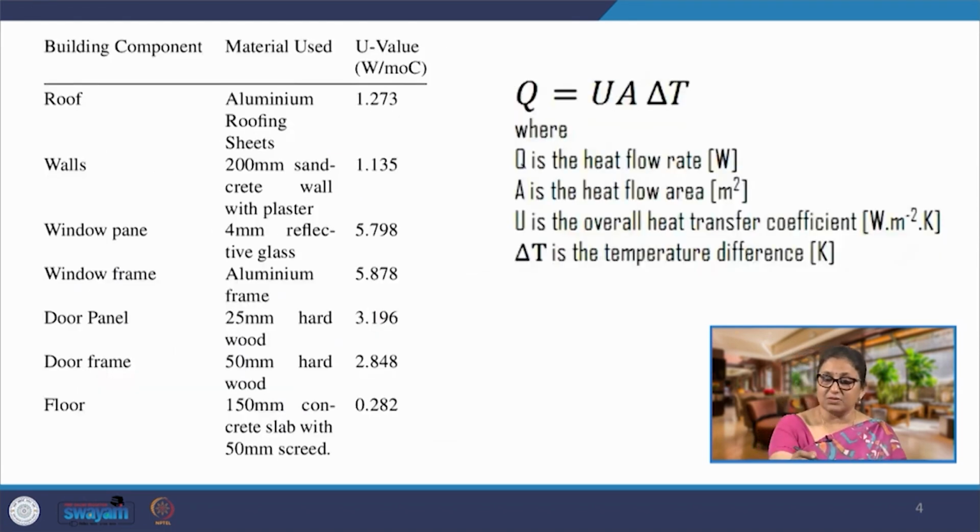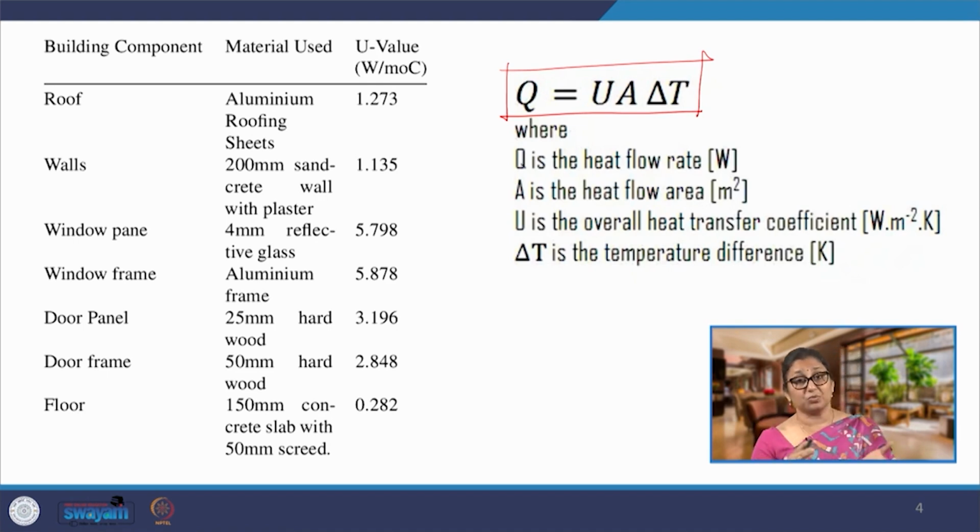So, we have this clear formula, Q is equal to UA delta T. Again, for the walling materials or the roofing materials, if we are comparing only between the choice of materials, not going into design, what will remain the same? The areas will remain the same, the delta T, the difference of indoor and outdoor temperature, will remain the same.